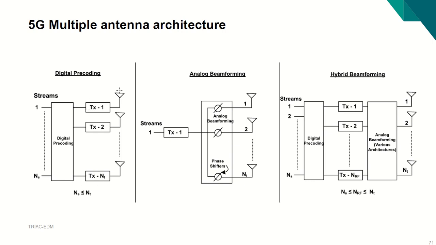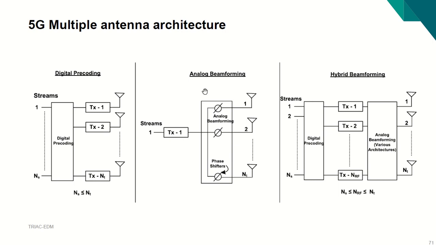And it also increases the data rate, because if you see the streams here, you have multiple streams: the first stream, second, third, so on and so forth, up to NS. It goes to the digital precoding and then goes to the transmit antenna and then goes out. And the other thing is the analog beamforming.